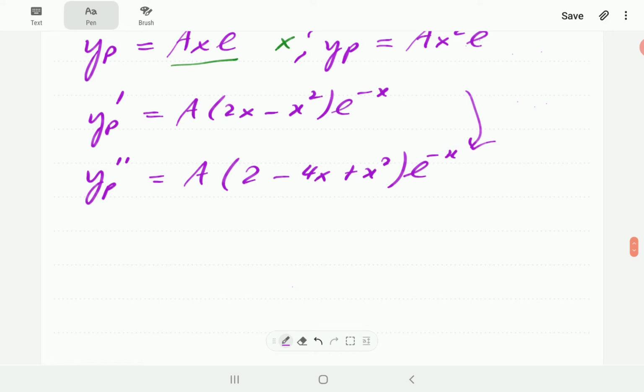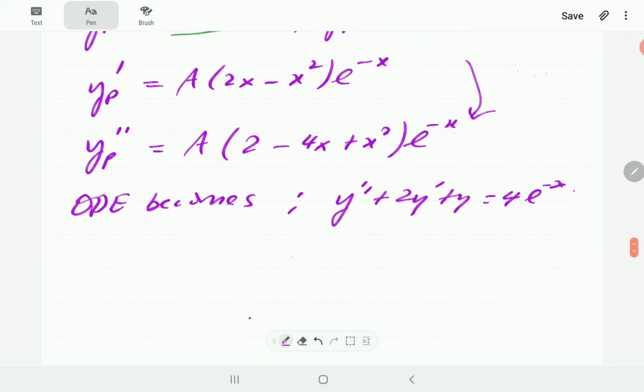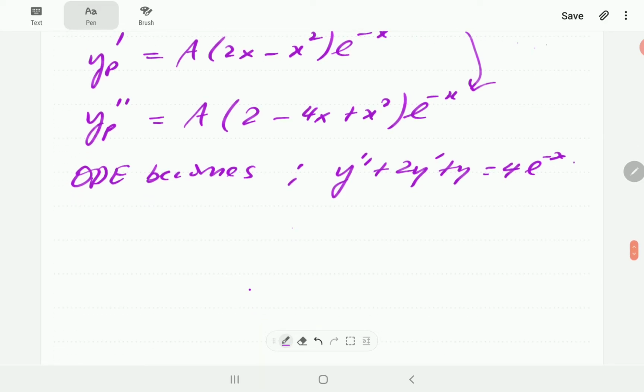Then we're going to substitute into the ODE. So remember, the ODE is y double prime plus 2y prime plus y equals 4e to the minus x. So y double prime is a into 2 minus 4x plus x squared.